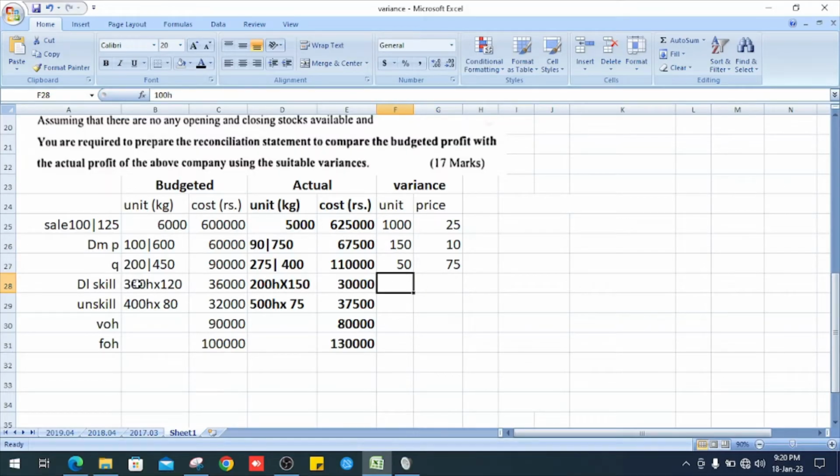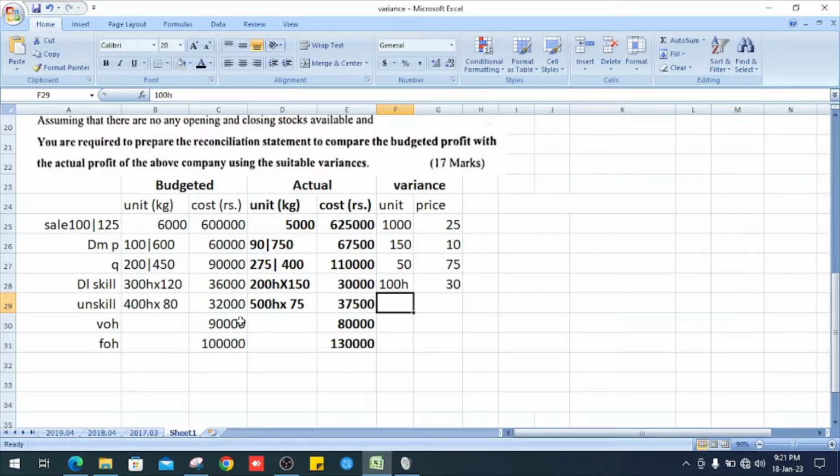The difference between skilled labor hours, 300 minus 200, is 100 hours. The skilled rate is budgeted 120 and actually 150, so the difference is 30. Unskilled hours are 400 budgeted and 500 actual, a difference of 100 hours.